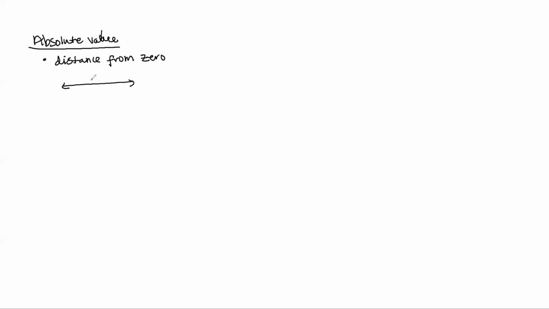So if we have a number line, 0 in the middle, we have the number 5. The absolute value of 5, or the distance 5 is from 0, is 5 units. If we had -2 here, the distance -2 is from 0, or the absolute value of -2 with these vertical bars, is also positive. It's 2 units from 0.